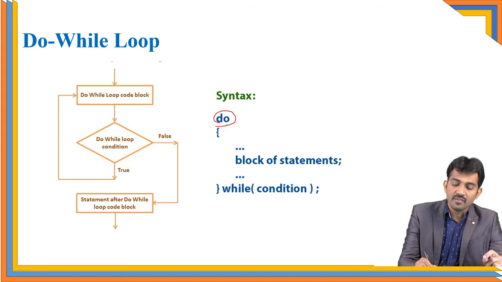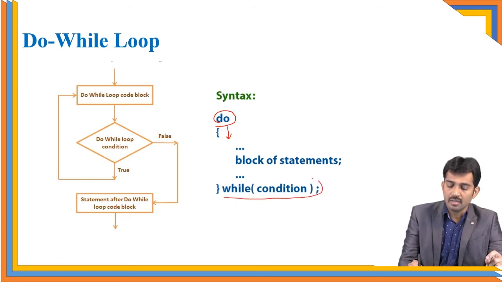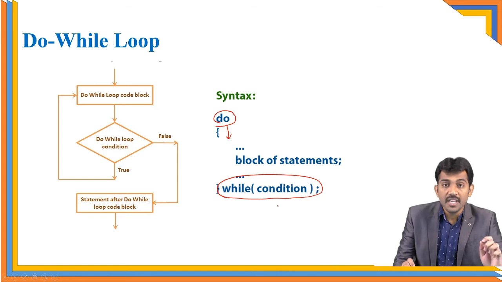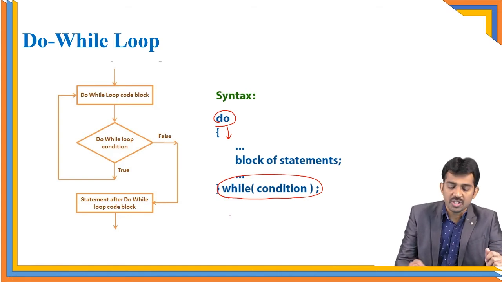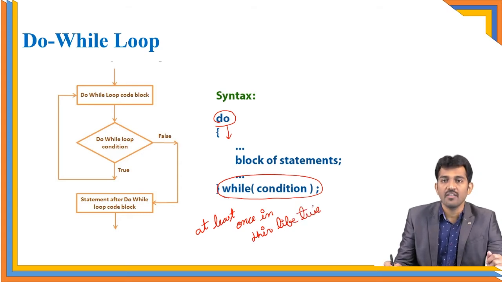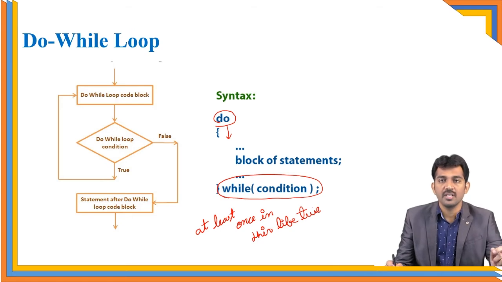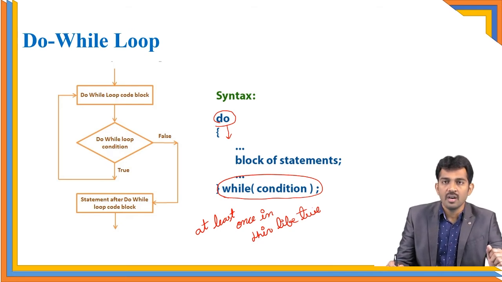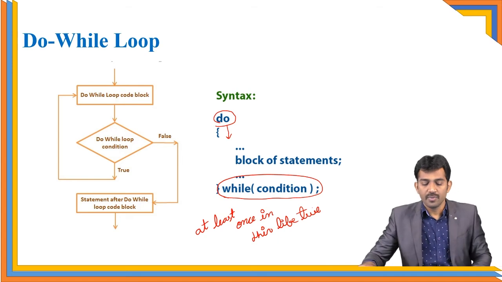First it is a do, meaning the first time it is going to execute, and after that, it is going to check the condition. Please note this: the do while loop executes at least once in its lifetime, even if the condition is false.